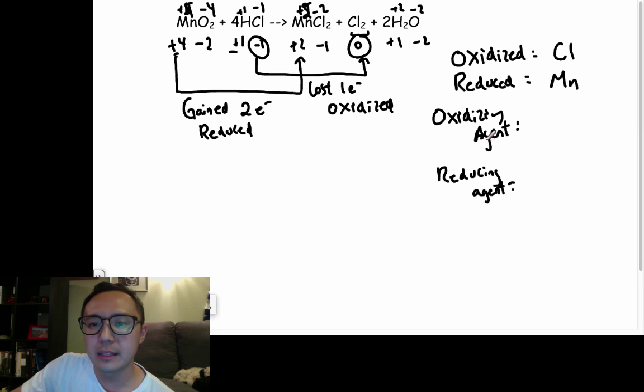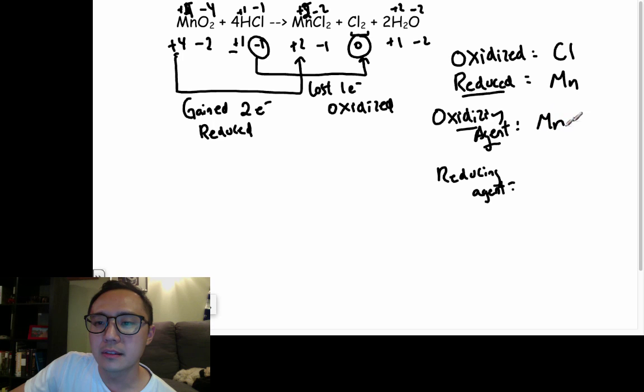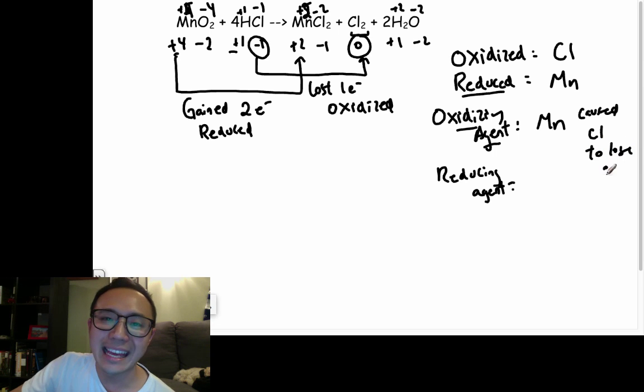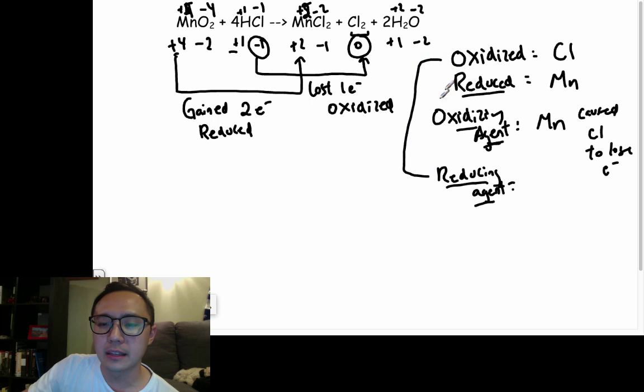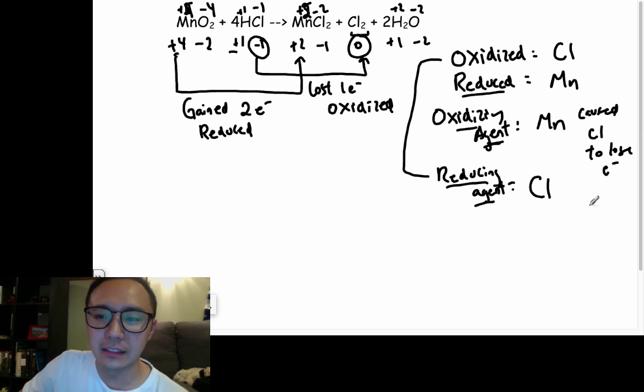If you have your reduced one, then that is your oxidizing agent, because manganese caused chlorine to lose electrons. That's why it's called the agent. The reducing agent connects with the opposite, which is your oxidized, and that's your Cl. This is the one that caused manganese to gain the electrons.